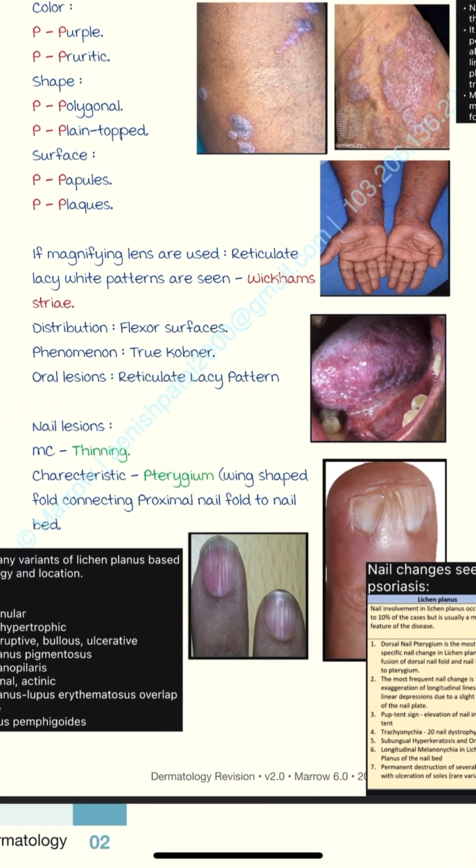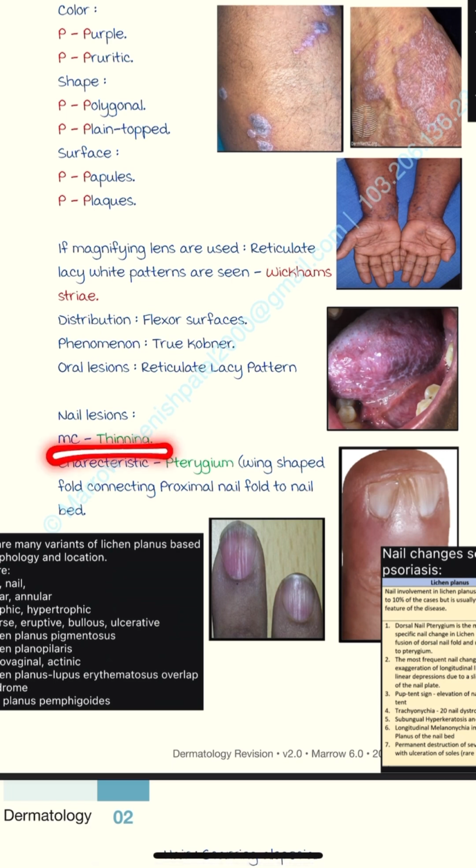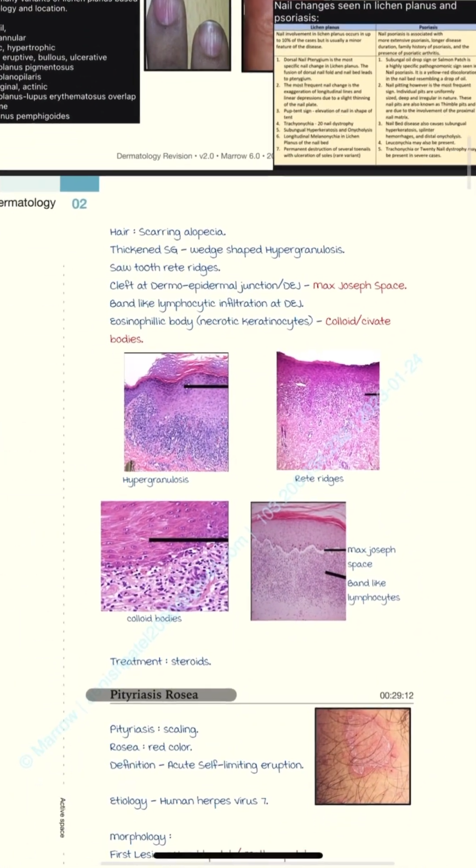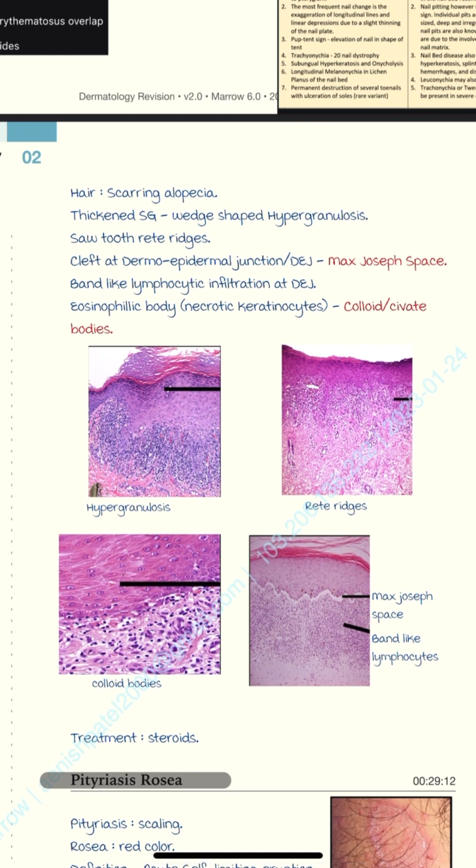It is distributed over flexor surfaces. Here, true Koebner's phenomenon is present, and oral lesions include a reticulate lacy pattern. Nail lesions: the most common is thinning, and characteristic is pterygium of the nail. In hair, scarring alopecia is seen. Histologically, thickened stratum granulosum is seen, which appears as wedge-shaped hypergranulosis. Sawtooth rete ridges can be seen.